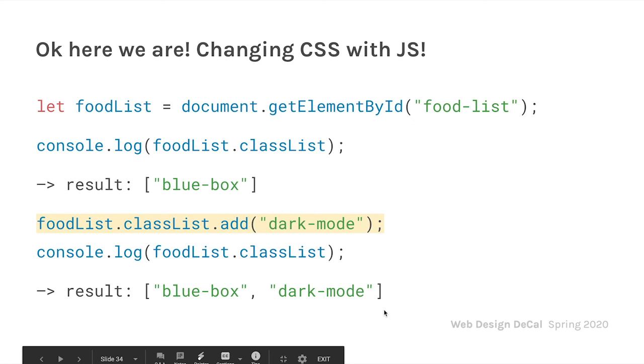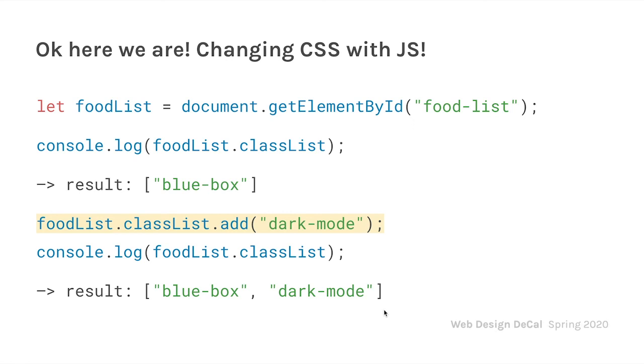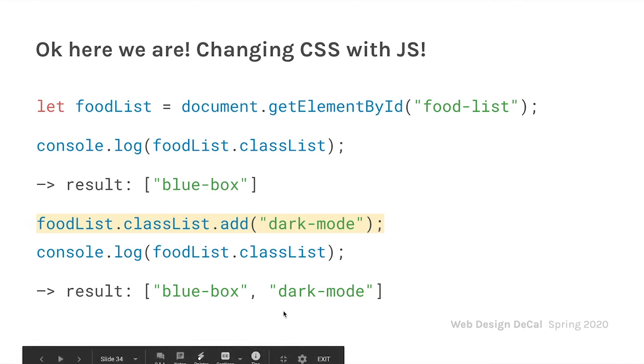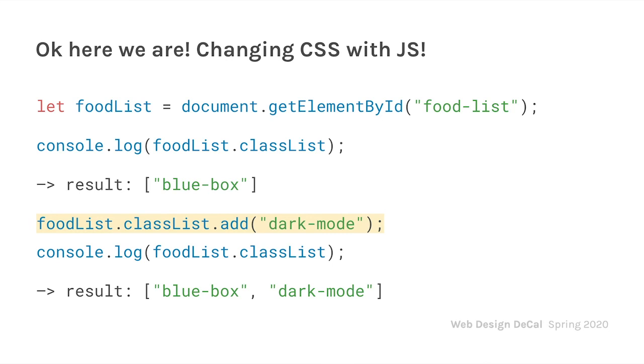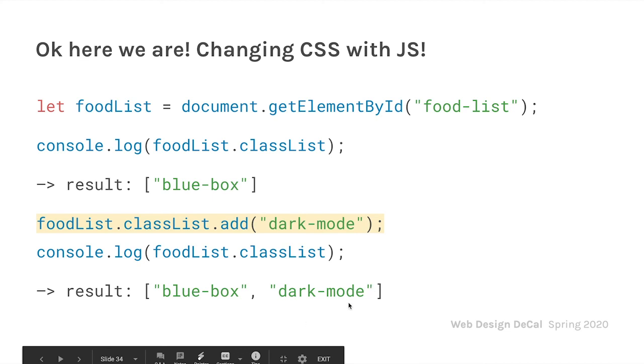And if you refresh your index.html page, then you'll see that this dark mode class was also added to your HTML tag. And if your CSS, HTML, and JavaScript all correspond correctly, then what you should see is the styles of whatever you wrote for this dark mode class applied to your HTML element.